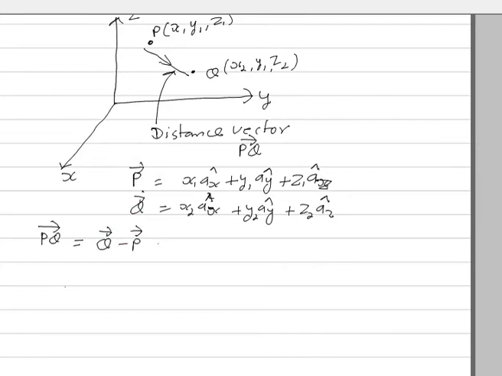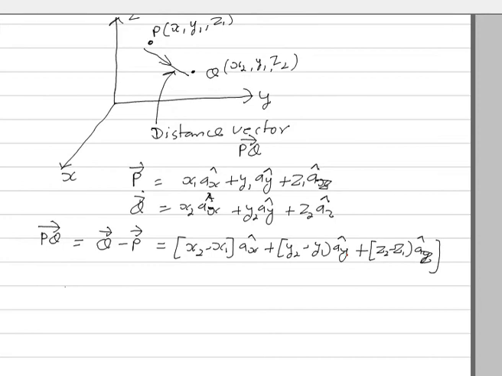So in terms of coordinates we can write the distance vector equal to x2 minus x1 unit vector ax plus y2 minus y1 unit vector ay, similarly z2 minus z1 unit vector az. This equation represents the distance vector.